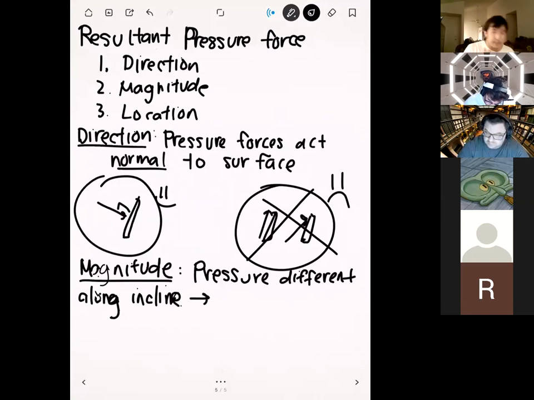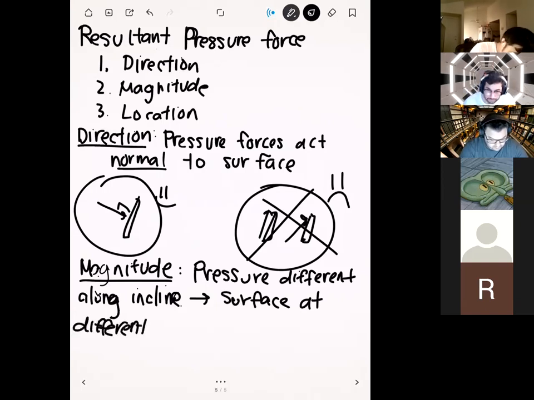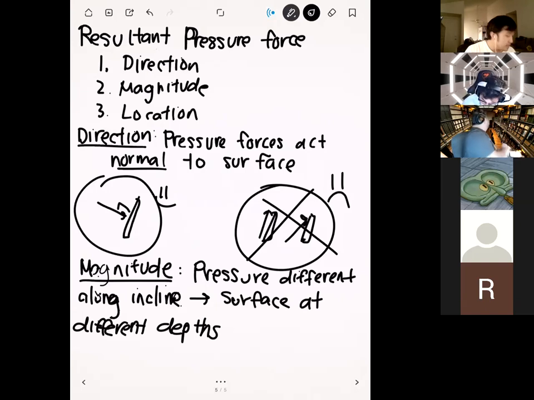Because we have an inclined surface, some parts of the surface are at one depth, and other parts are at another depth. So we're going to derive an expression that allows us to compute the pressure force for a surface where not everything is at the same depth.